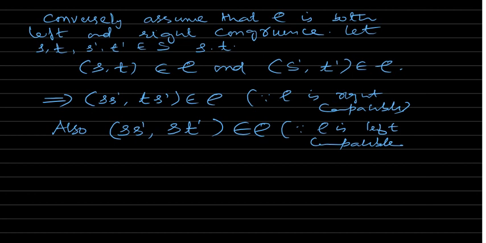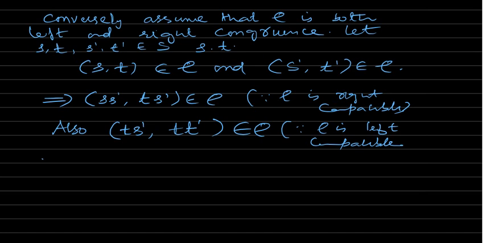Okay, we need to apply transitivity. Here we should write t instead of s: ts dash and tt dash, again by left compatibility. Now we apply the transitive property of rho. We have ss dash and ts dash are rho related, and ts dash and tt dash are also rho related.